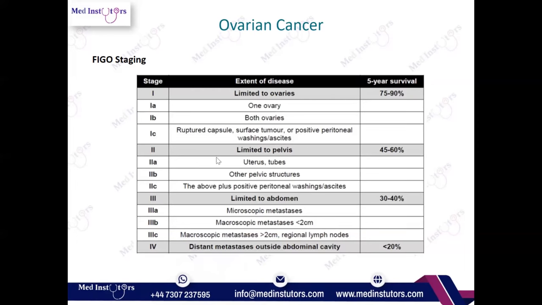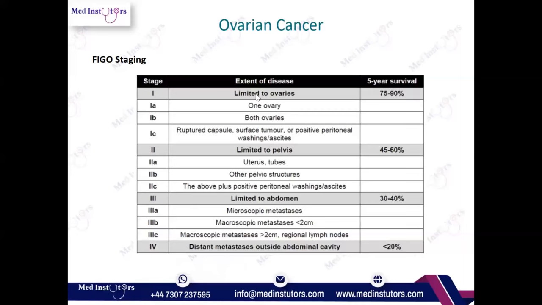Then the second stage is limited to the pelvis. The third stage is limited to the abdomen. And in the fourth stage, distant metastasis, which is outside the abdominal cavity. So if you remember the summary of each stage, it is very easy for you to understand the sub-staging of each stage. So now let's have a look.